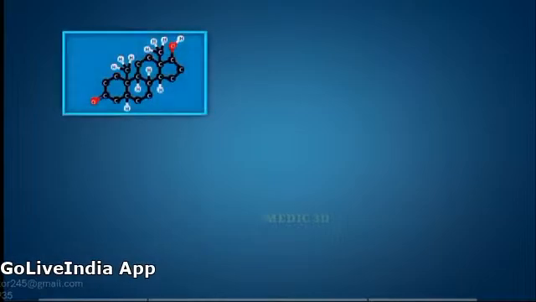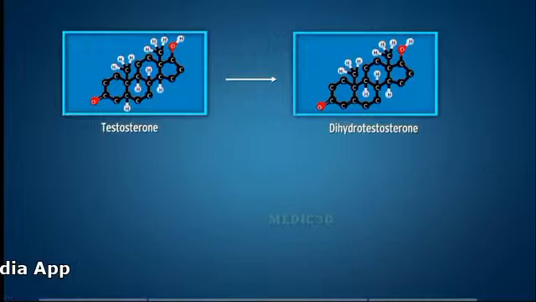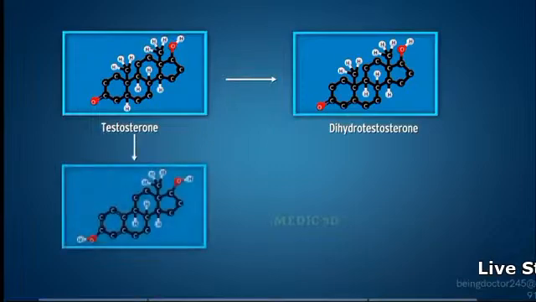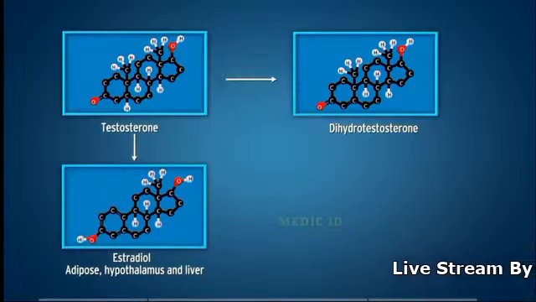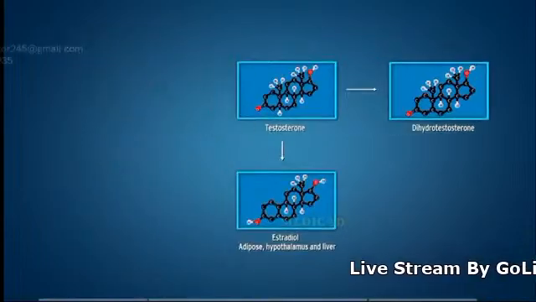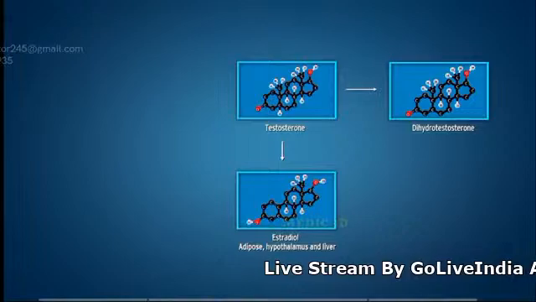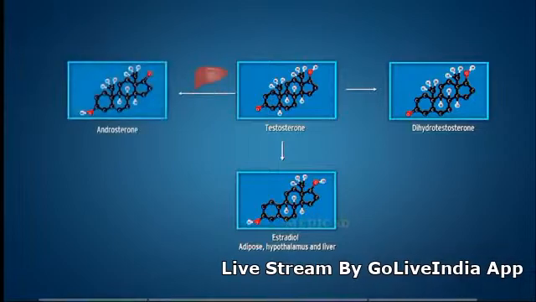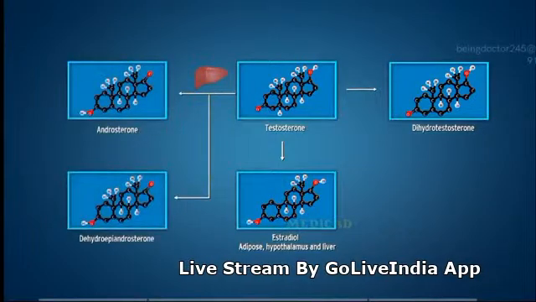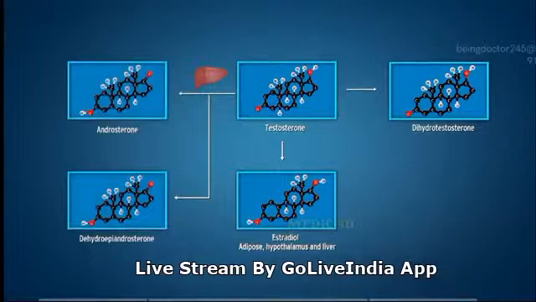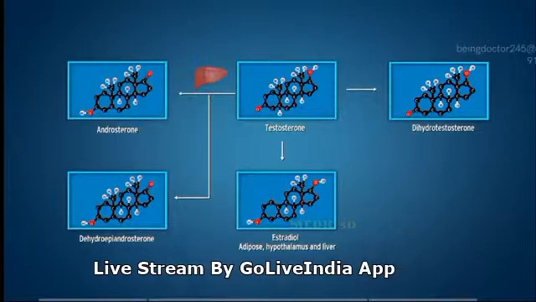In many target tissues, testosterone is converted into dihydrotestosterone, which is the most active form of androgens. Testosterone is converted into estradiol in tissues of adipose, hypothalamus and liver. Major portion of testosterone is degraded in the cells of the liver, where it is converted into androsterone and dehydroepiandrosterone, which are excreted through bile or urine.